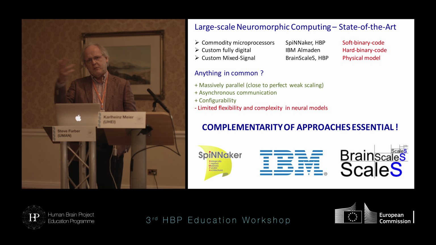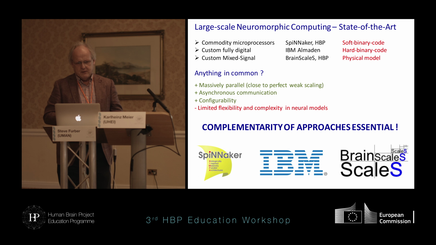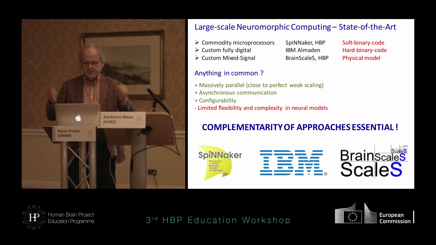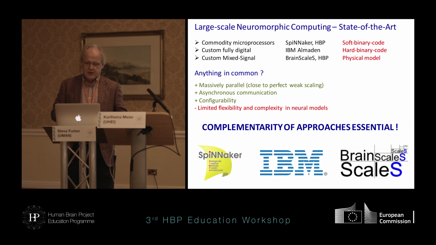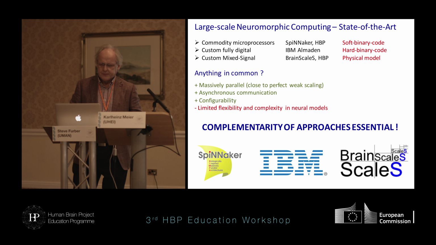What that means, if you remember, is that if you want to make your model twice as big, you just get twice as much resource and it'll go at about the same speed. So on Spinnaker, if you have twice as many neurons, you need to use twice as many cores. On True North, if you run out of one chip, you double your model, you need 2 chips. And similarly on the physical model.